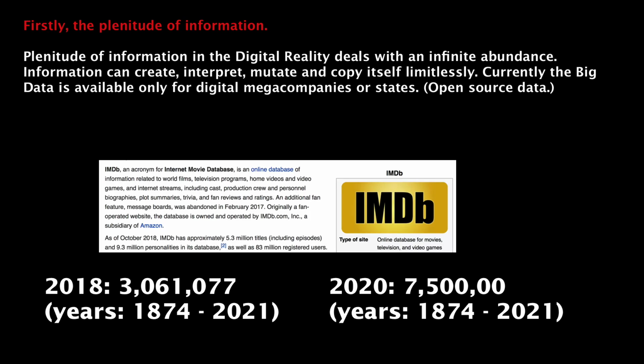Information can create, interpret, mutate and copy itself limitlessly. And down here are numbers from 2018, where it was believed that mankind between 1874 and 2021 can produce 3 million moving images, whereas in 2020 we already know that there are at least 7.5 million moving images. So it just grows infinitely.